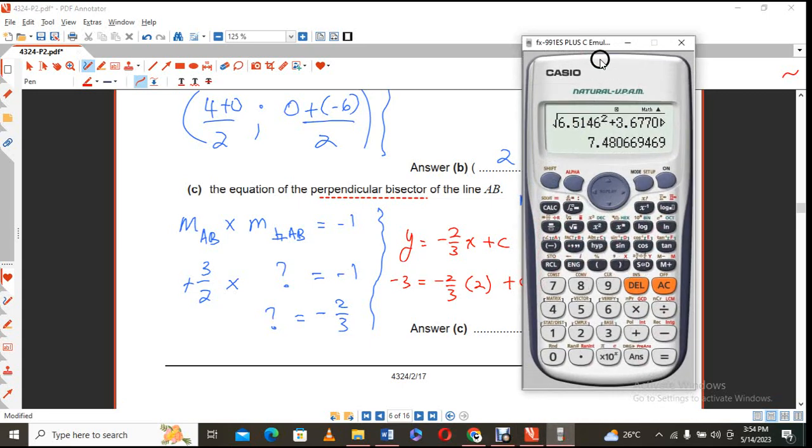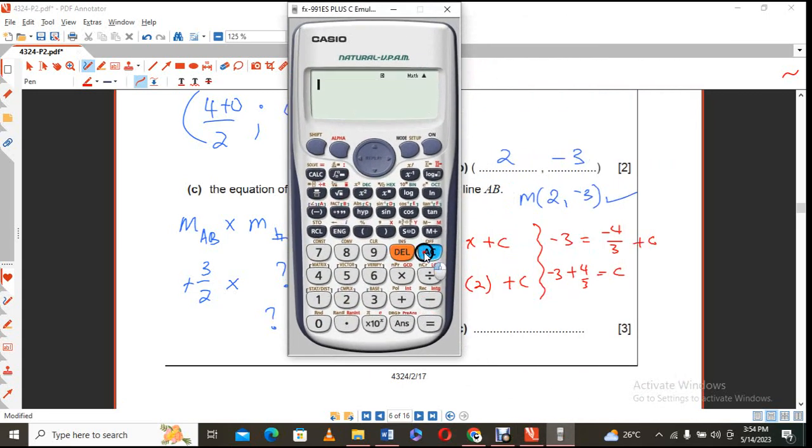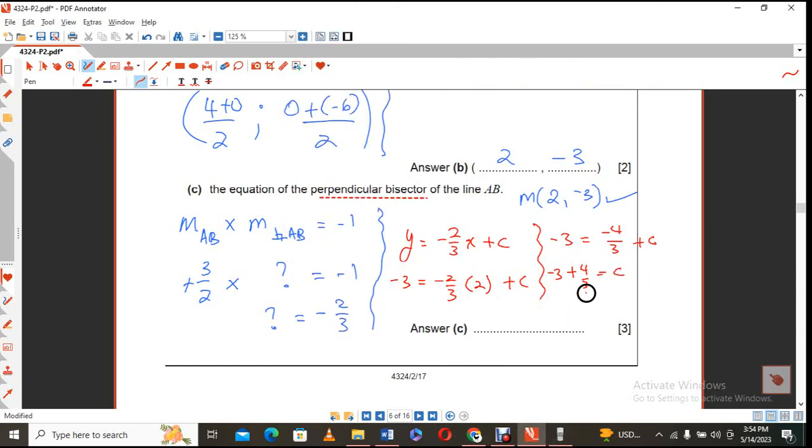If you grab your calculator, you have negative 3 plus 4 over 3. So that gives me negative 5 over 3. So therefore, c is negative 5 over 3, which makes more sense. So the equation is y equals negative 2 over 3 x minus 5 over 3.